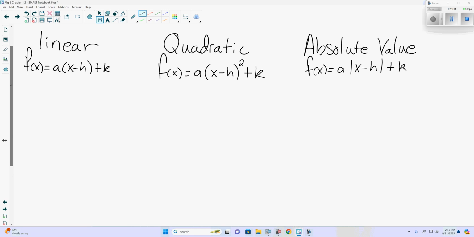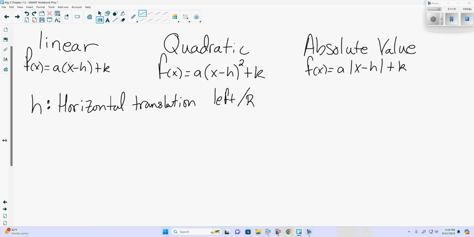But what we can also say is H colon is horizontal translation. It moves it to the left or right.